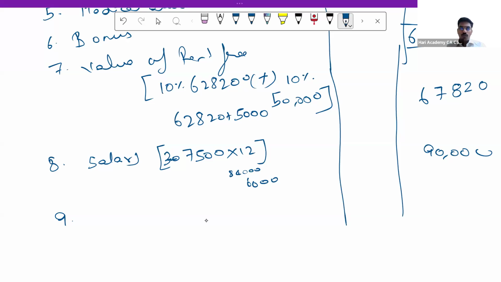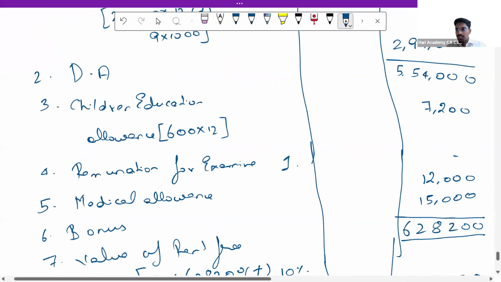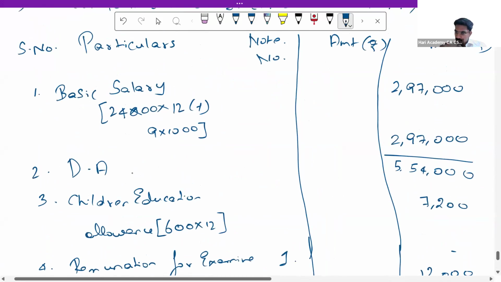Now we have to find out what is the salary for the purpose of recognized Provident Fund. For the purpose of recognized Provident Fund, RPF, only basic plus DA is to be considered as salary, which is going to come to around 5 lakhs 94,000. 7 plus 7 is 14, 9 plus 9 is 18, 18 plus 19 is 594.